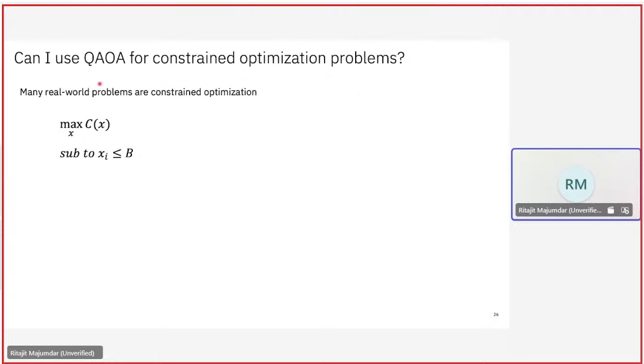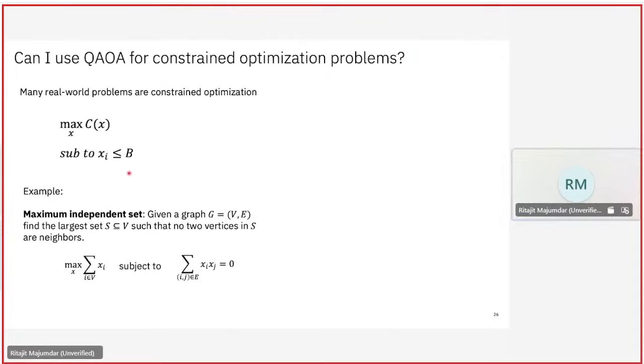Previously, we were thinking of that I want to maximize Cx. Now I would have a constraint, subject to that there is some constraint over each of these xi. Maybe some values that xi can take or it cannot take. And a very classic example is maximum independent set.